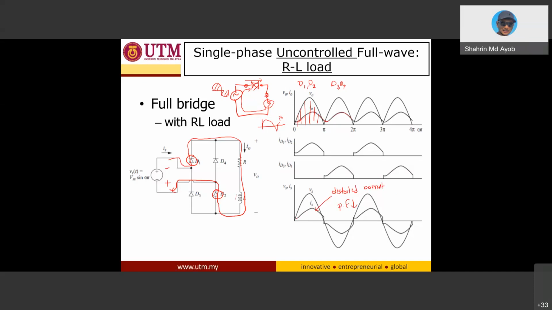But this one is much better compared to the half wave. Even though it's distorted, in terms of power quality and power factor, this is still considered better compared to the half wave rectifier with RL load. So the keyword here is distorted.